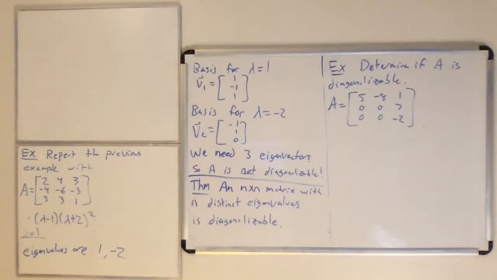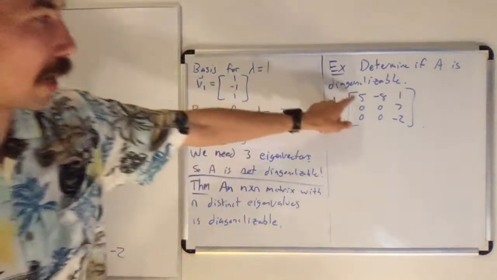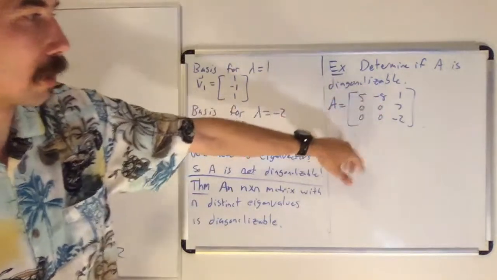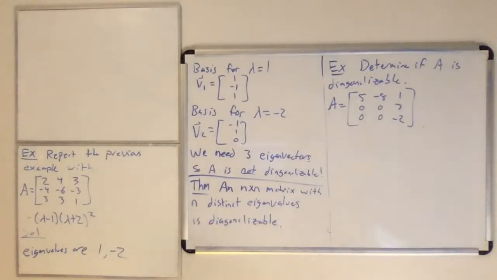The eigenvalues are 5, 0, negative 2. So it is diagonalizable. That is exactly right. Yeah, so we have a triangular matrix, right? Everything below the main diagonal is 0. We had a theorem that told us how to find the eigenvalues of a triangular matrix. They're just the entries.